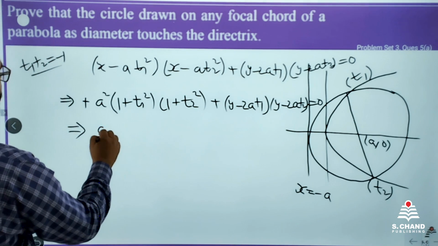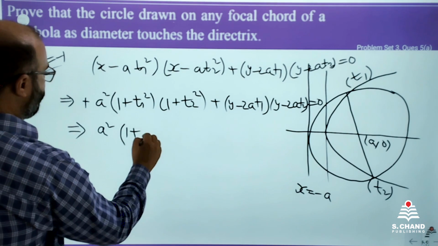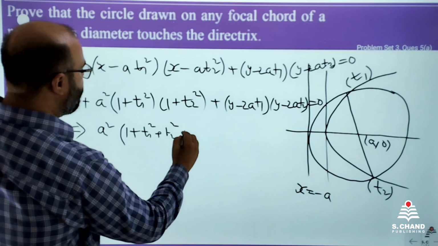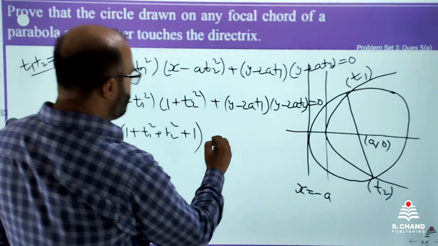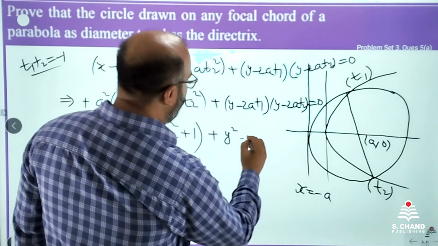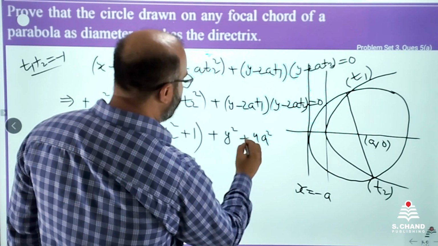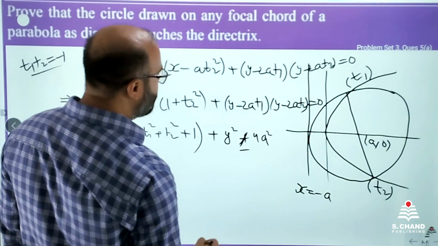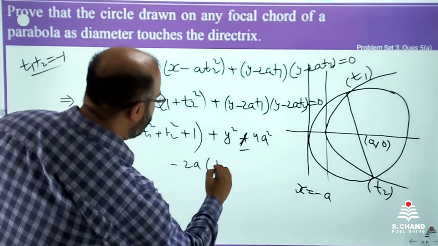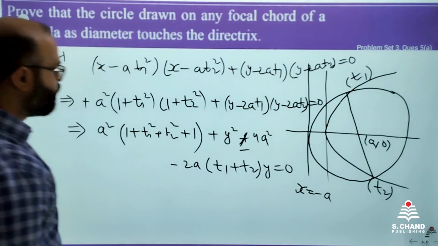So when you multiply, a square (1 plus t1 square plus t2 square plus t1 square t2 square) will be 1 again, and here it will become y square plus 4a square t1 t2, which is minus, so this will be minus 4a square, and minus 2a(t1 plus t2) y equal to 0.